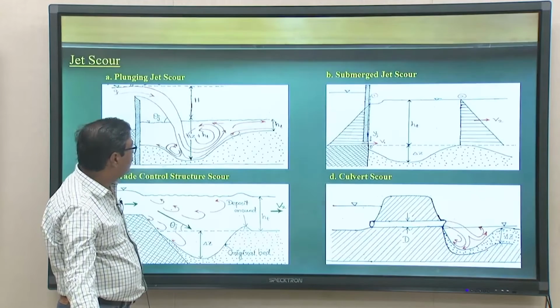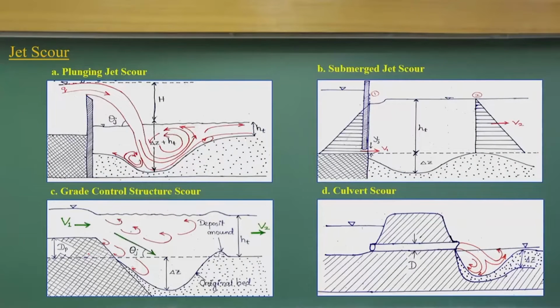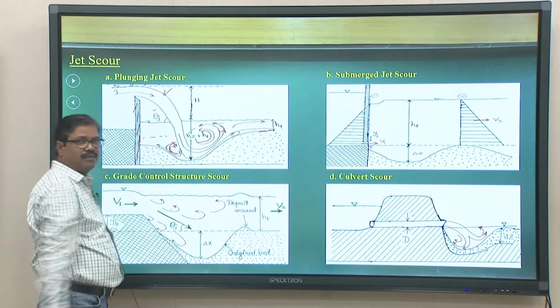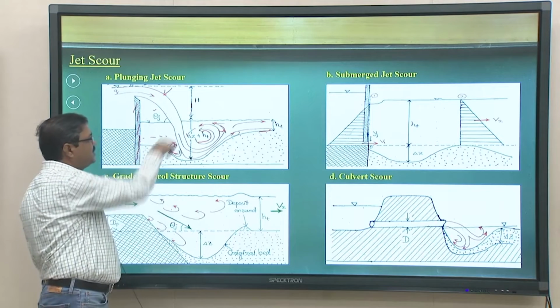Looking at the first part, jet scours. Let us look at these 4 figures, which give very interesting insight into what type of scour can happen. If you have a dam structure and a water jet here, because of the water jet, the initial soil will be scoured, and you can see a vortex pattern created, and that vortex is dissipated as it goes up. It depends upon theta jet, the angle of the water jet impinging on the water.